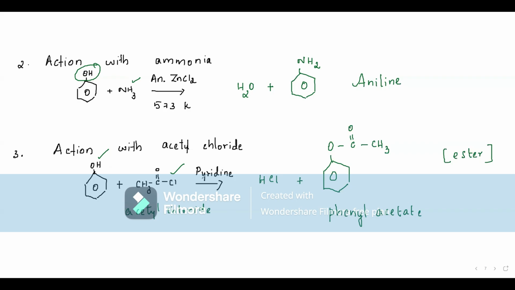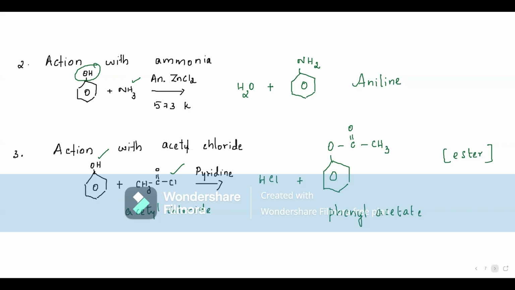Now, what is the function of pyridine? Pyridine is a base, so it combines immediately with HCl. Otherwise, the reaction can become a reversible reaction. So you are removing HCl as soon as it is formed with the help of pyridine.